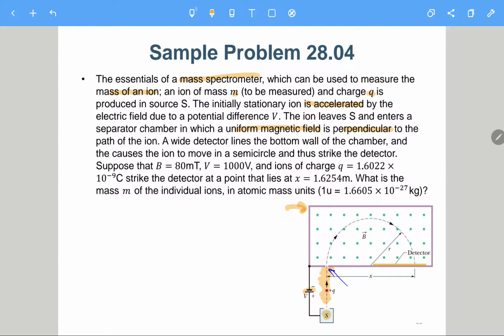A detector lies at the bottom wall of the chamber. This orange part is the detector. It will detect where the particle touches the detector. Maybe it is here, maybe it is there, but only within this range.